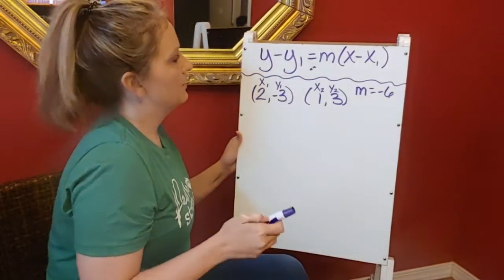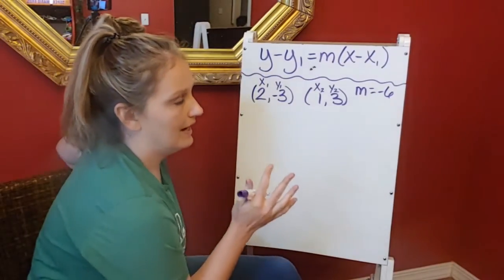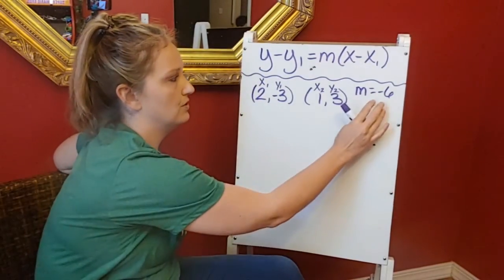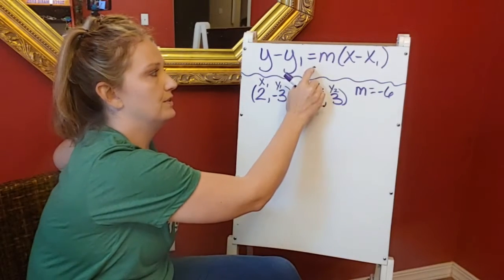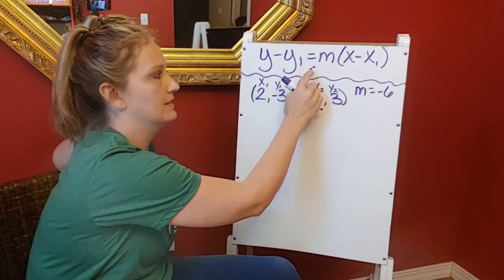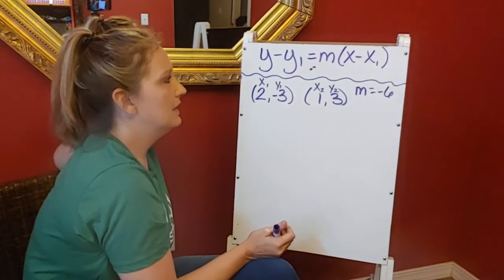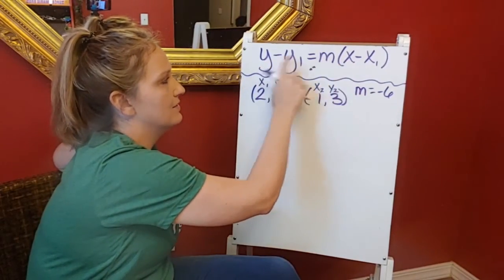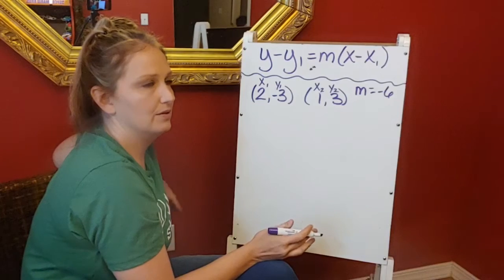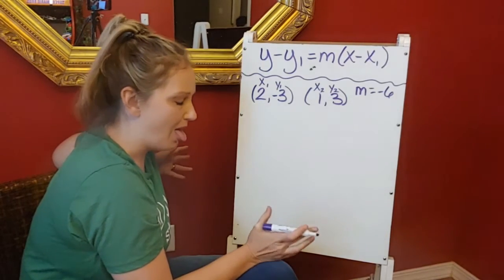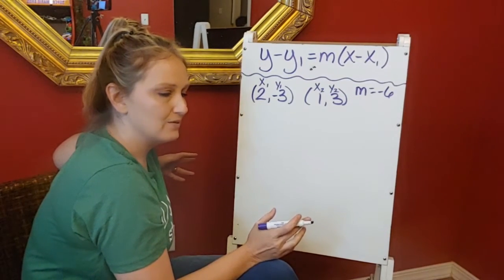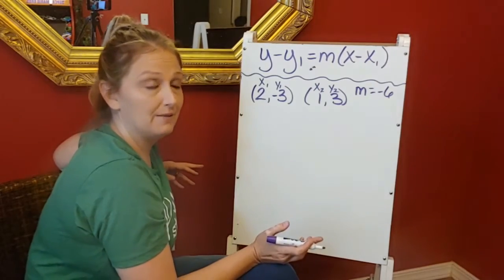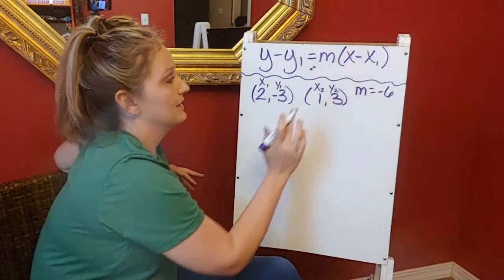Okay, so now I'm going to start on my actual equation. Once you get your slope, you can start on your equation, and we'll use this point slope formula up here. The y and x in these stay the same because remember, slope-intercept form has y equals mx plus b. So y and x are going to stay the same.